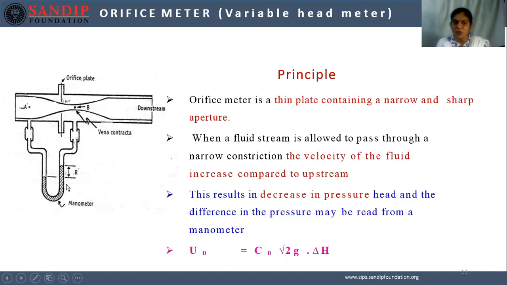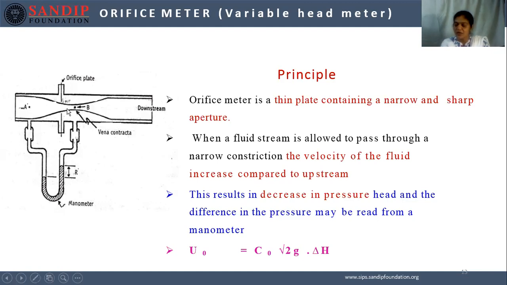Now let us see the working. We already discussed, it is referred to as the variable head meter. It measures the variations in the pressure across the fixed constriction placed in the path of flow consisting of constant area.